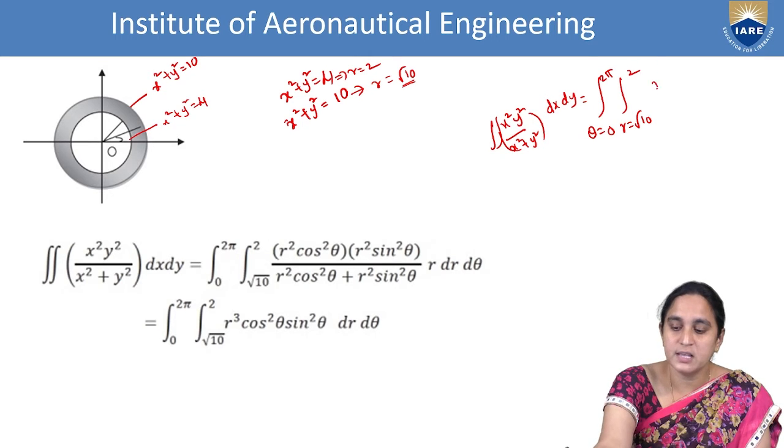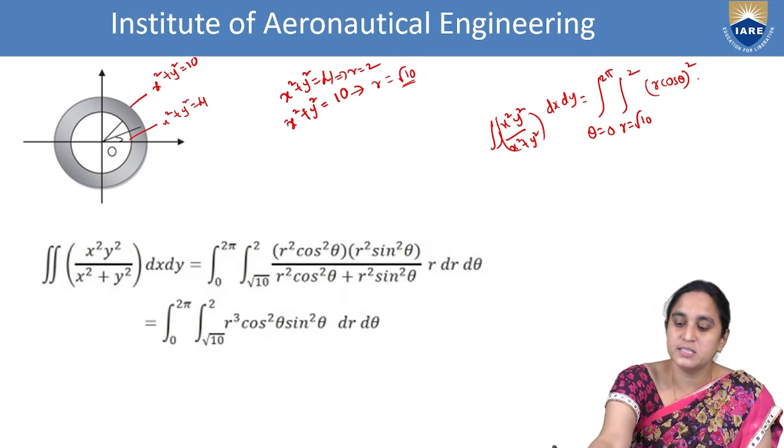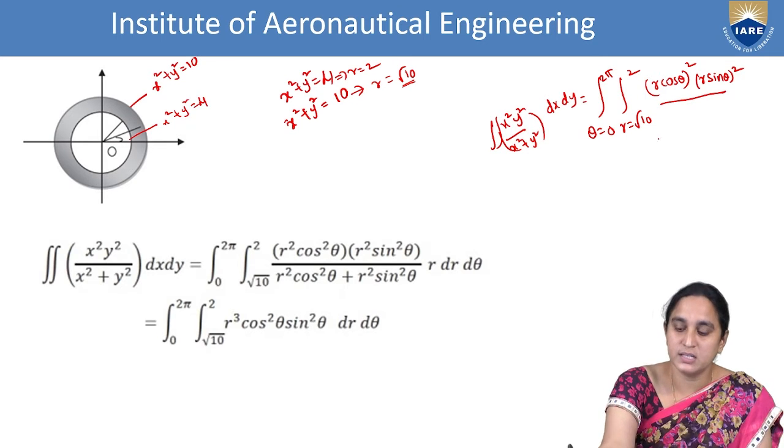Here x is (r cos theta) whole square, and y square is (r sin theta) whole square, divided by (r cos theta) whole square plus (r sin theta) whole square, into dr d theta.